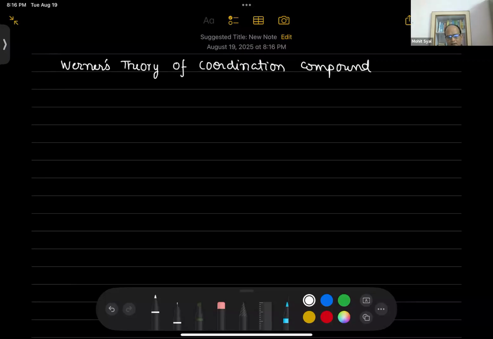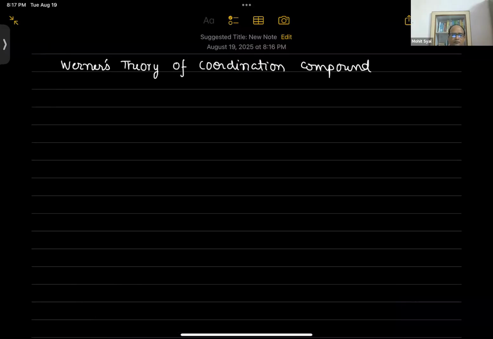So what he did was he took cobalt chloride and reacted it with ammonia molecules.